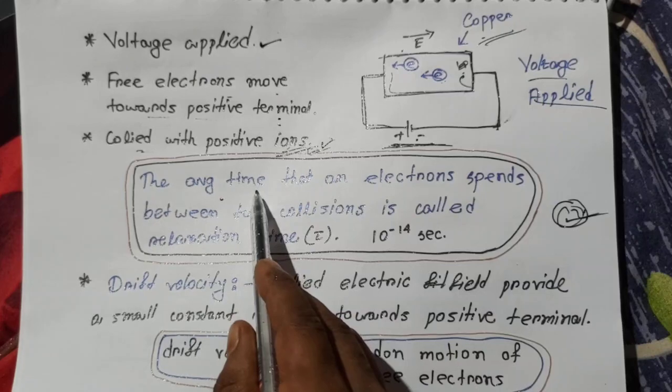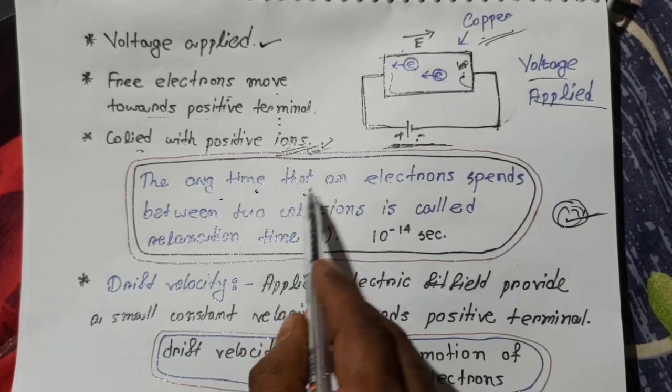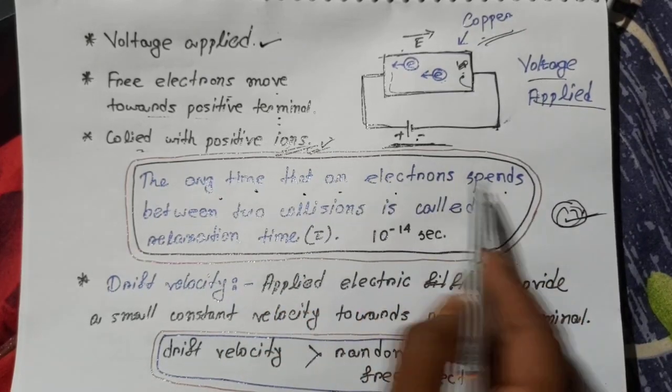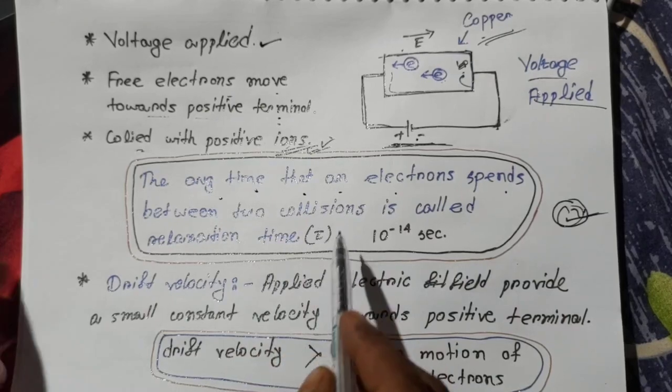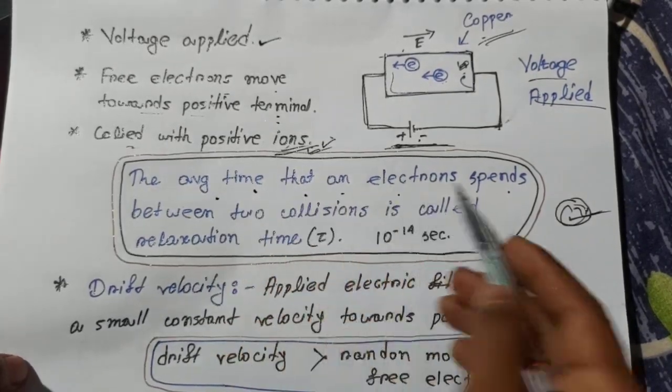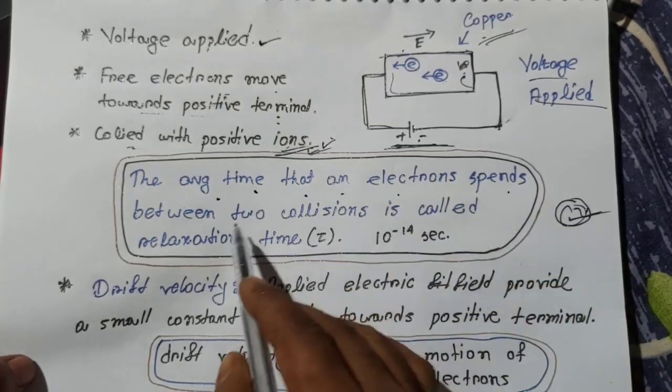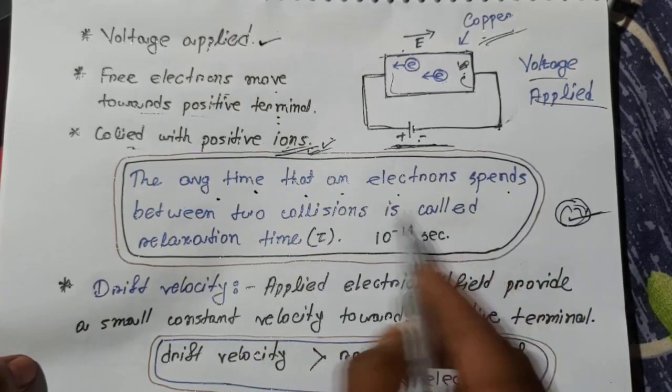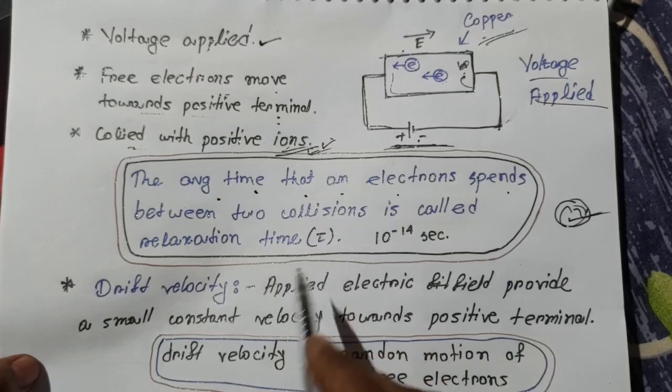The average time that an electron spends between two collisions is called relaxation time.